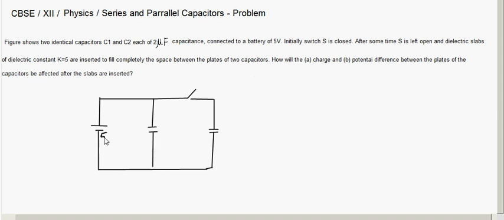The values of C1 and C2 are given as 2 microfarad, and C2 is also 2 microfarad. Both are identical.